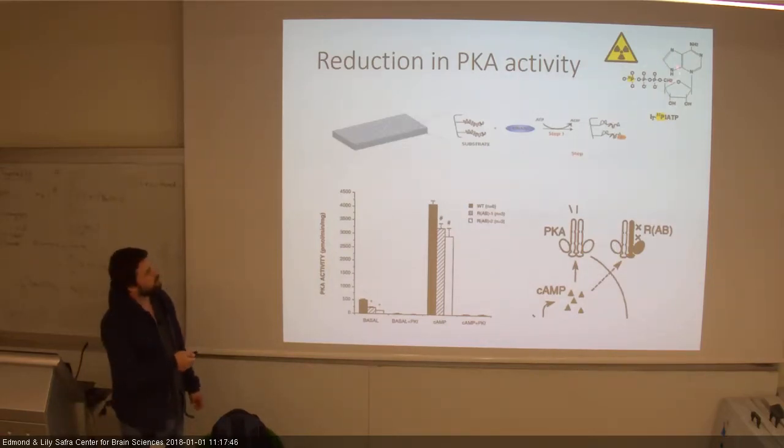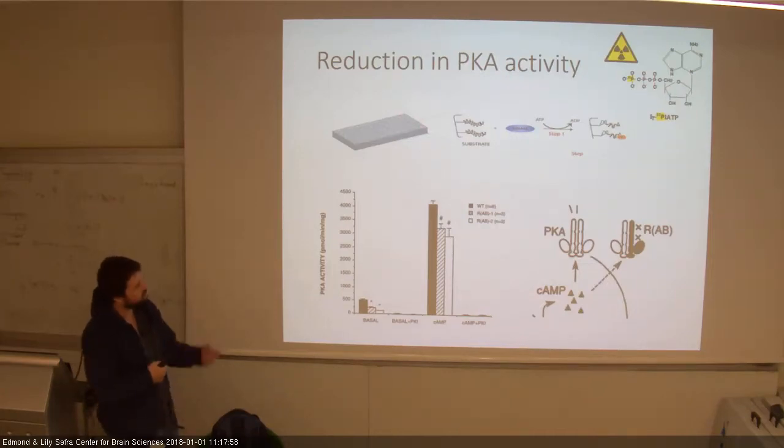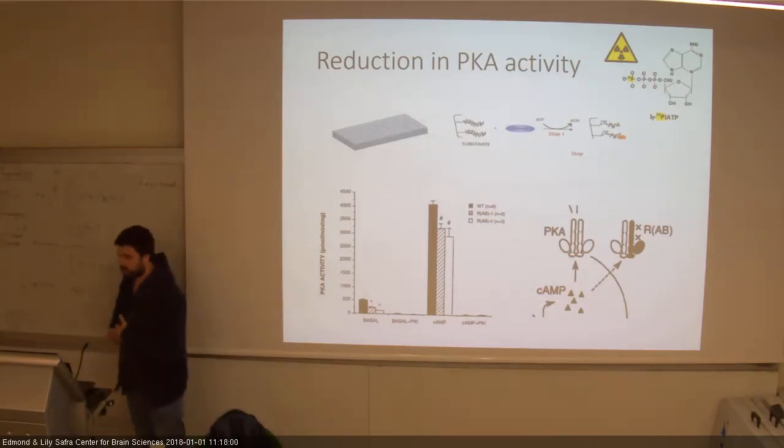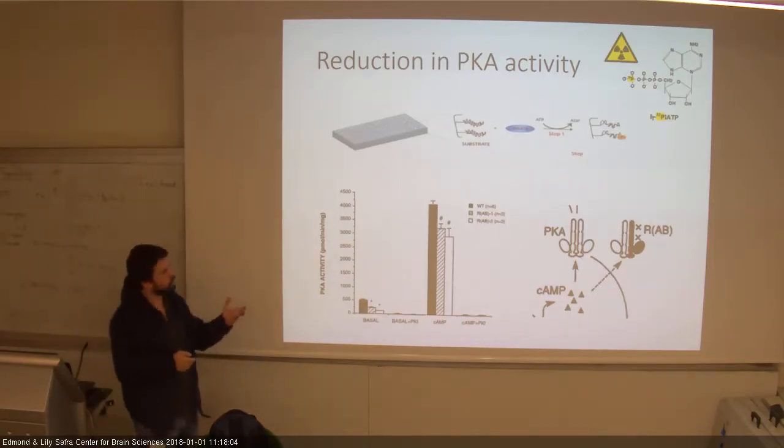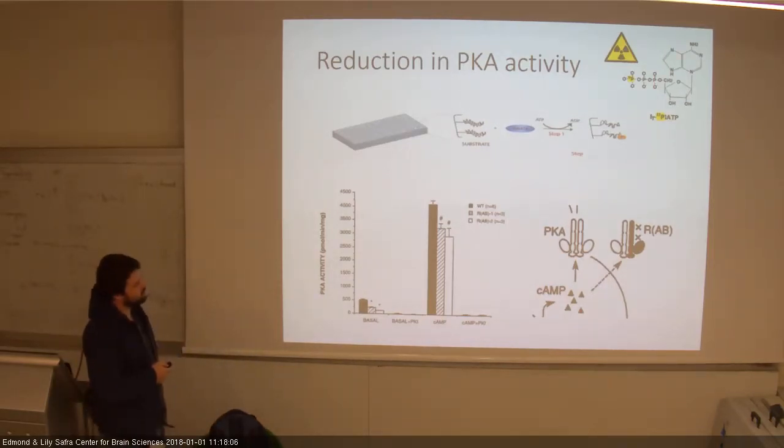So what the kinase actually does is transfer the radioactive phosphate from the radioactive ATP to the substrate, and in the end you can measure in each one of these wells the level of radioactive radiation, and from that get the activity of the enzyme.